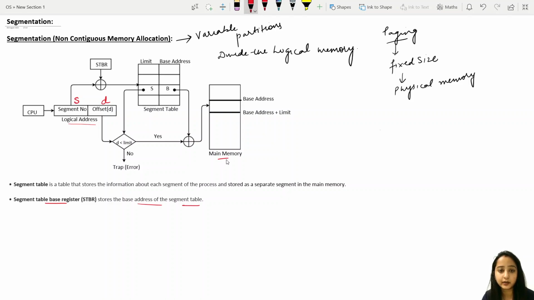And this is the main memory. We have base address here, and here we have base address plus limit. So let's see here.